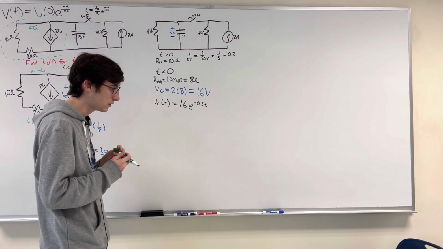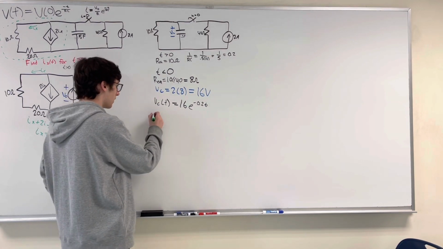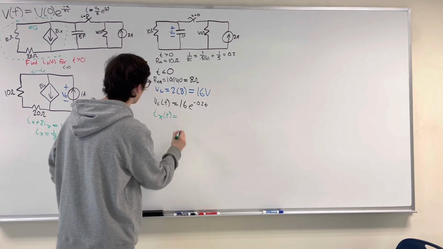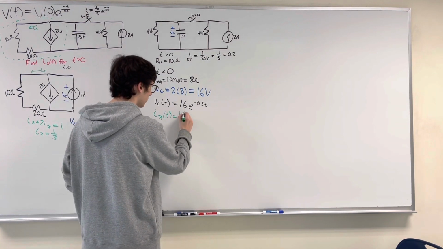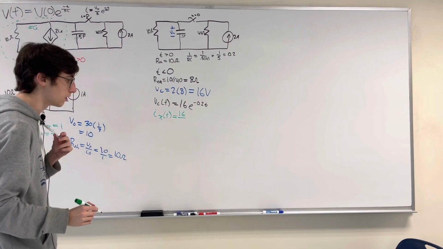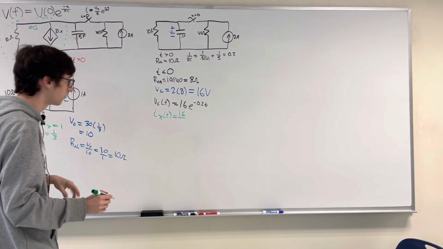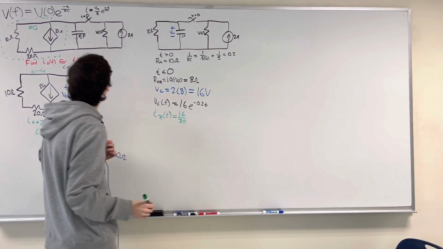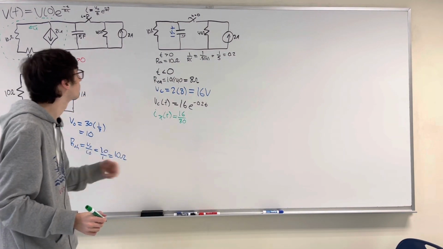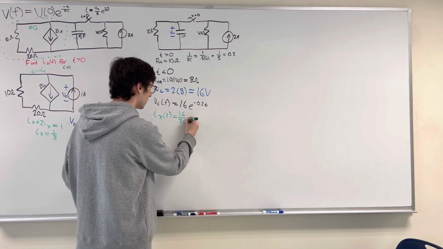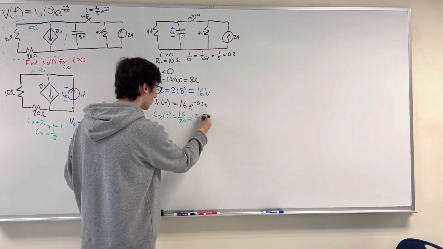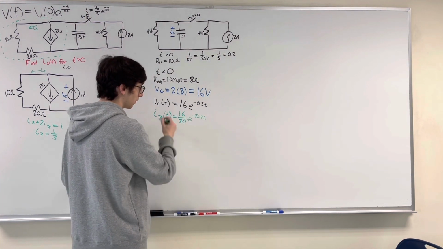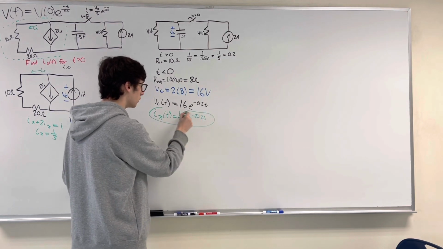So how they did IX is that IX of T is going to be equal to our V sub naught, so it's going to be our 16 volts, over the resistance of this half circuit, which is going to be 30, times this half of the equation, so e to the negative 0.2 t. So our final answer for this is just this, because who wants to do some math?